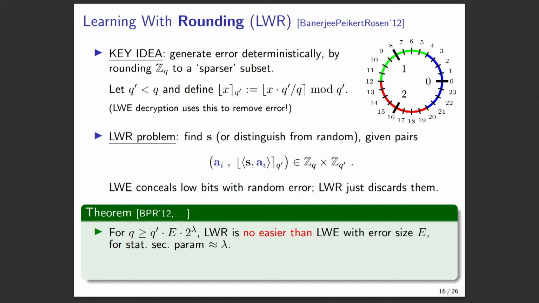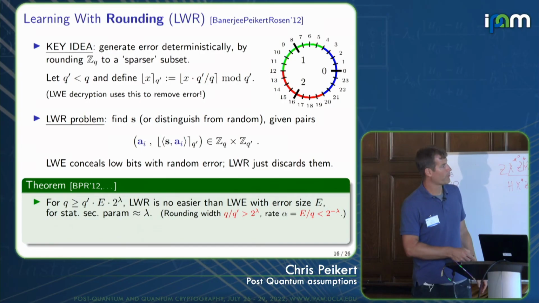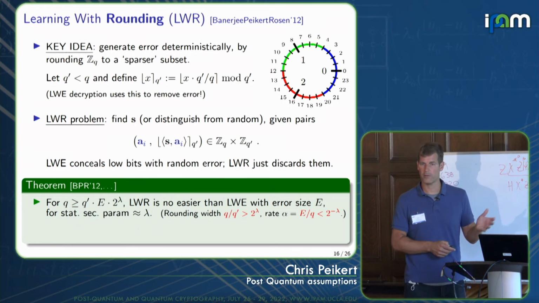So if the original q is much larger than the q', okay, so the original modulus is much larger than the resulting target modulus, by a factor of about 2 to the lambda, lambda being some security parameter, then you get a reduction from LWE to LWR, right? LWR is at least as hard as LWE with error size E. Okay. Now, to give you an idea of why these parameters are not very satisfactory, first of all, the ratio of the two moduli has to be very big, right? More than 2 to the security parameter.